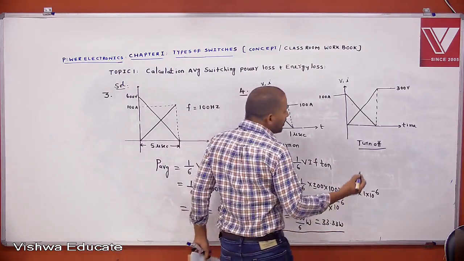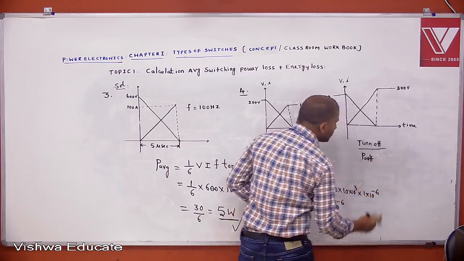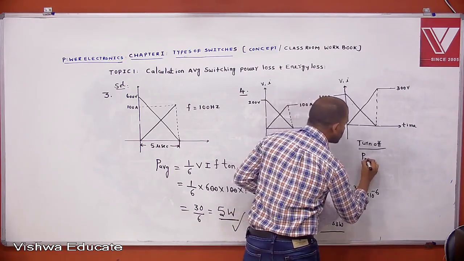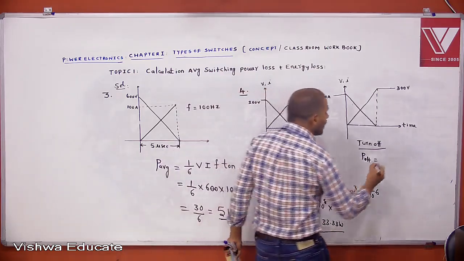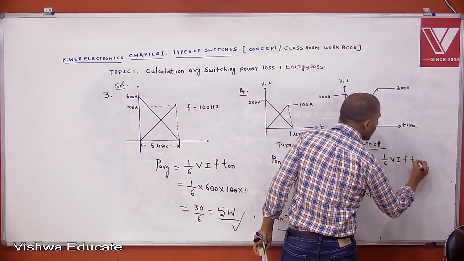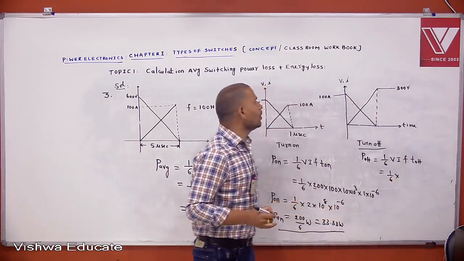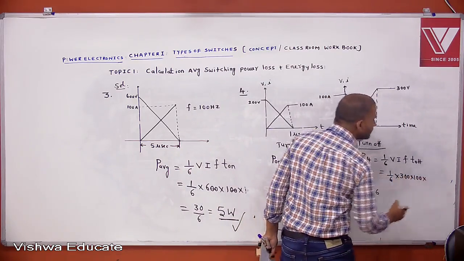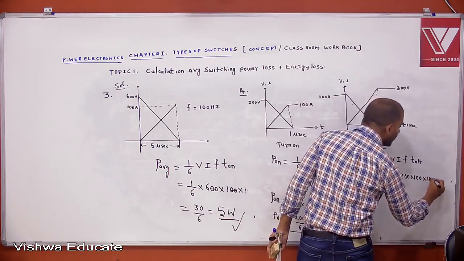Then similarly, you tell me what is the off state power loss? Same formula. During off state, what is the power loss? Same formula: 1 by 6 VI into F into T off. 1 by 6 V into, what is the voltage? 300. What is the current? 100. What is the frequency? 10 kilohertz.